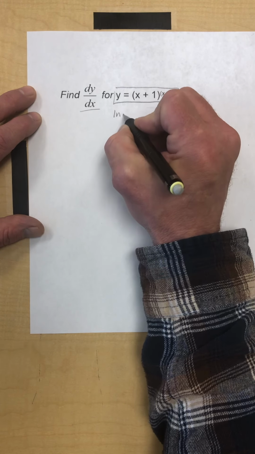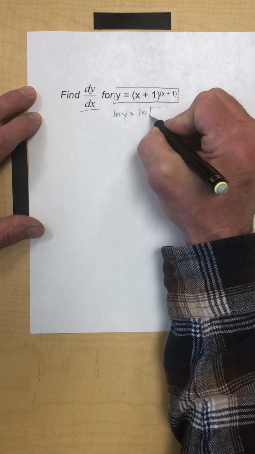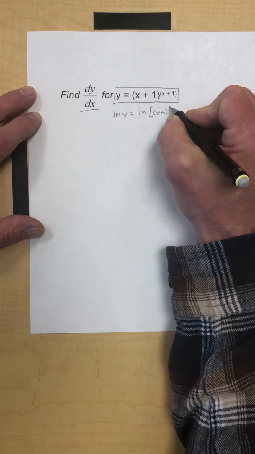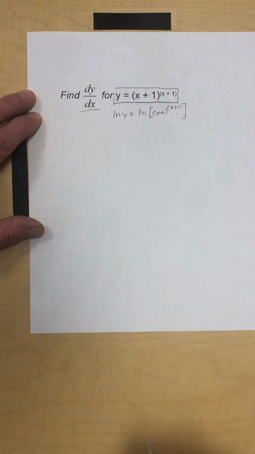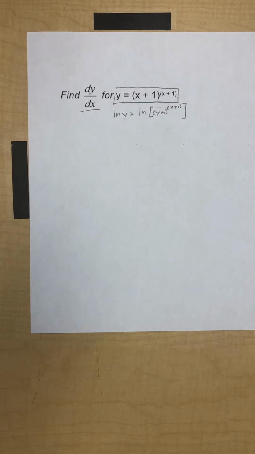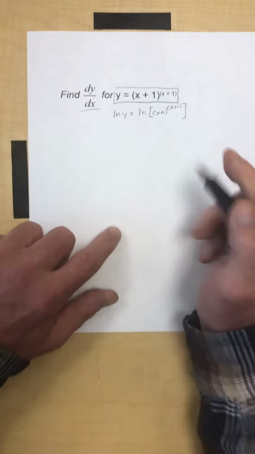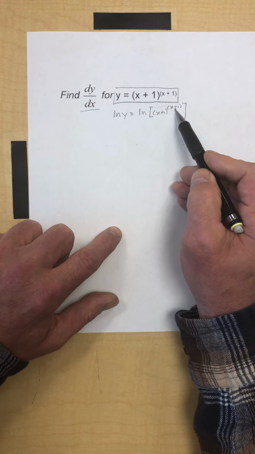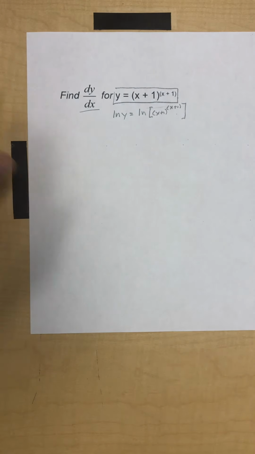So we have the natural log of y equals the natural log of x plus 1 to the x plus 1 power. And on the right-hand side, what I can do is use our rules for logarithms. Okay, and we can use our power rule, and now I can take this exponent and move it out front as a coefficient.